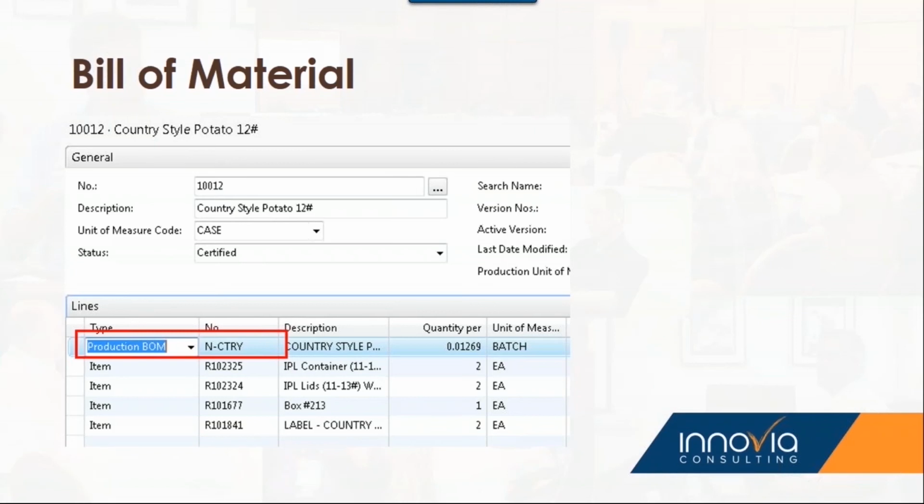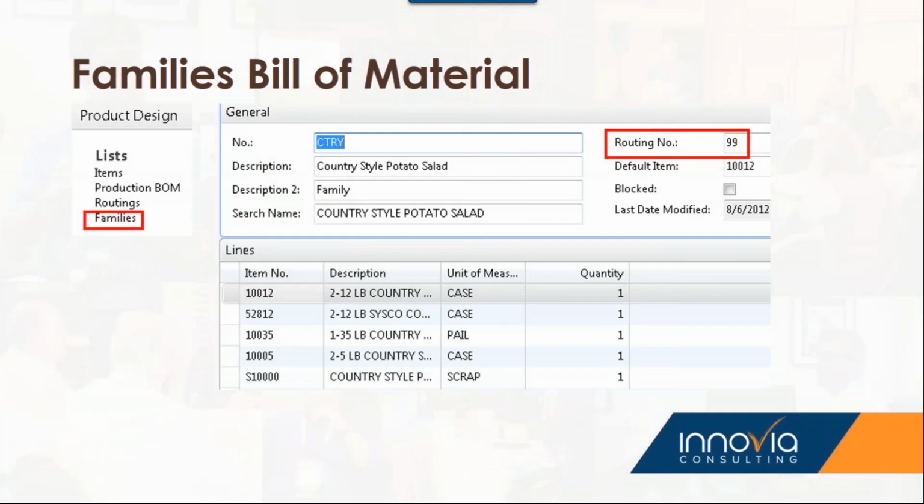Families I'll touch on a little bit. I have used this in food where a mix was made. There's a salad mix, and the production order was packaged in 1 pound containers, 2 pound containers, and cases and pails. And NAV does allow you to do that. You can set up a family.